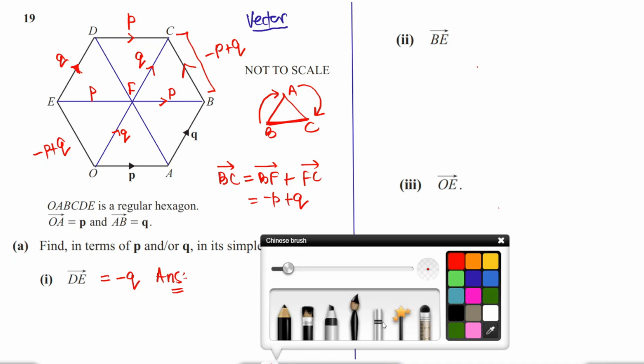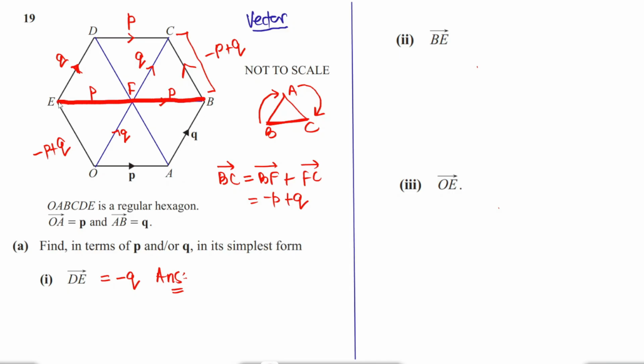If you try to look at carefully, for BE, we have to go like this. For BE, we have to go B to E in a different manner. If you want to solve it in a long way, then B to C, C to D, D to E, we can find BE.